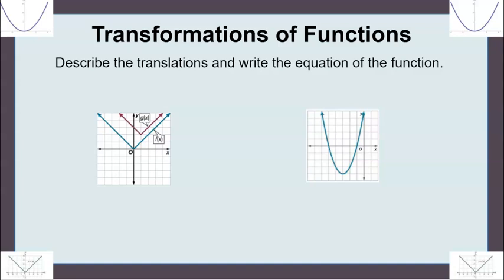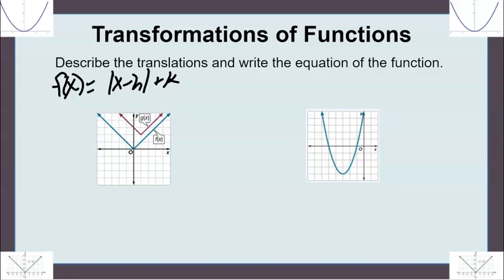Now, the main format for transformations of these functions would be f of x equaling, and for absolute value, the absolute value of x minus h plus k. The h is going to be our horizontal movement from right to left, and our k is going to be up and down.